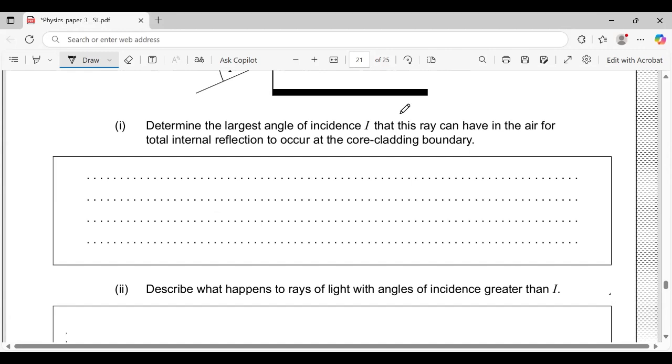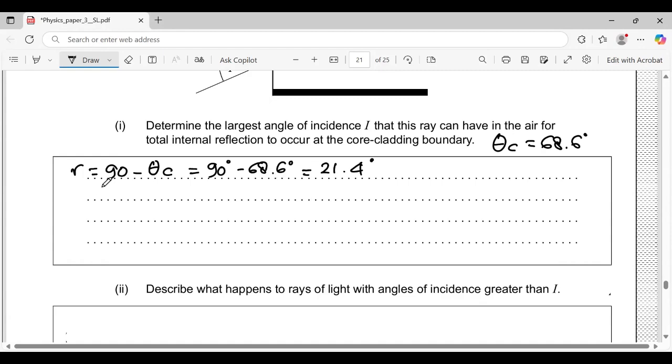The critical angle, theta C, equals 68.6 degrees from part A. Since light travels along the axis, the internal angle R with the axis must be less than or equal to 90 minus theta C. It means 90 degrees minus 68.6 degrees, and the result is 21.4 degrees.